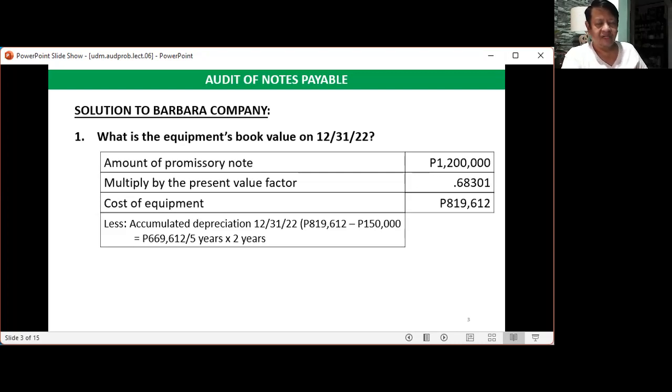So we will again multiply this by 2 years because 2 years have lapsed. The promissory note was issued in 2020 and the date in the question is December 31, 2022. So 2 years have lapsed. That is why the computed depreciation is 267,844.8. I will repeat for the computation.